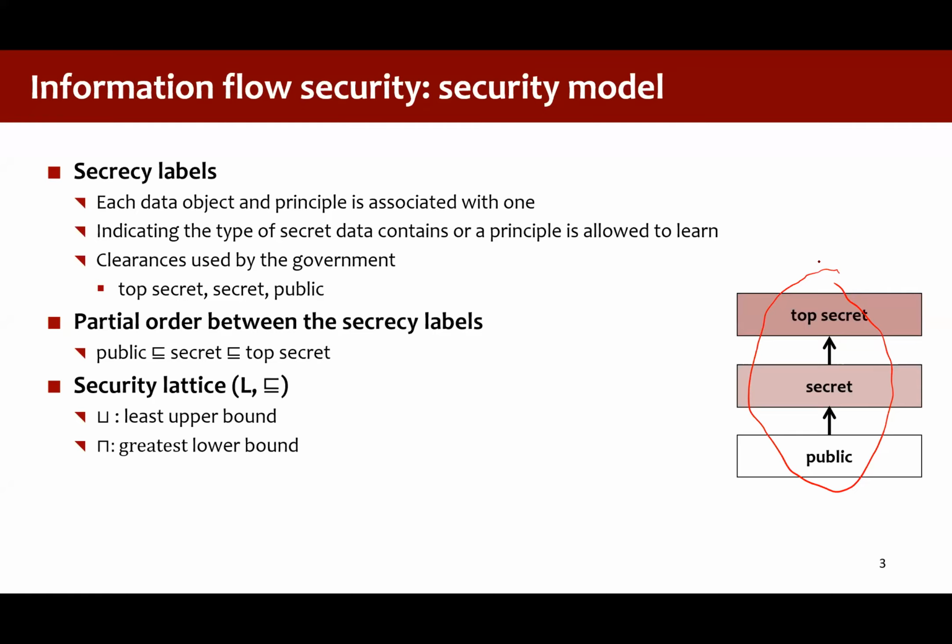Then you have to define your partial order. As long as the partial order makes sense, you're fine. So yes, as long as it makes sense for your system and you can have a proper partial order between the labels, then we're good. It doesn't have to stick to secret and public.